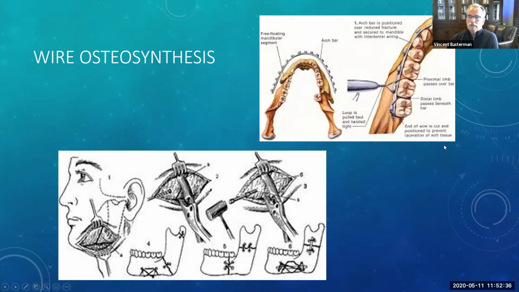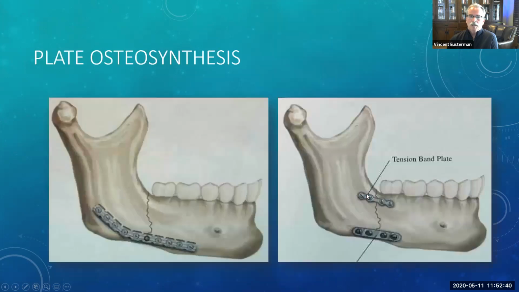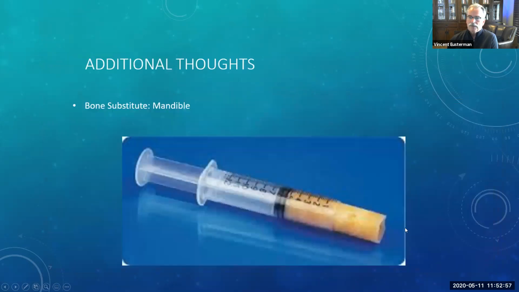And then we use wire fairly commonly using early Erich arch bars. Plate osteosynthesis is really the best way to go right now. And it allows the patient to function sooner. And it has excellent repair for primary healing.